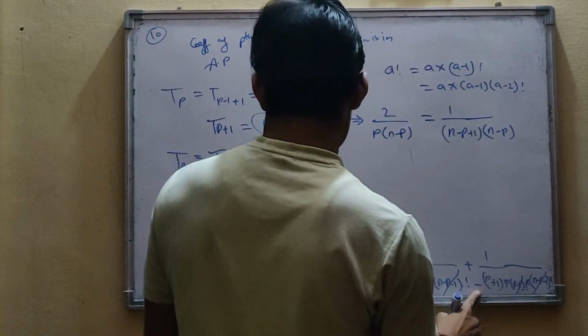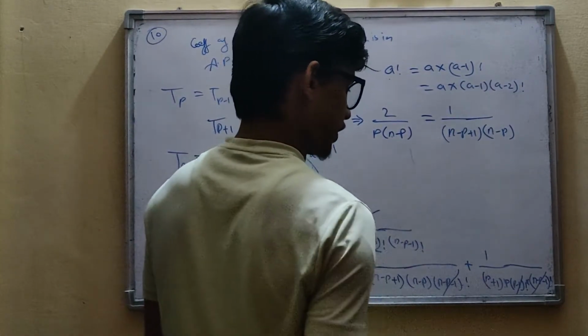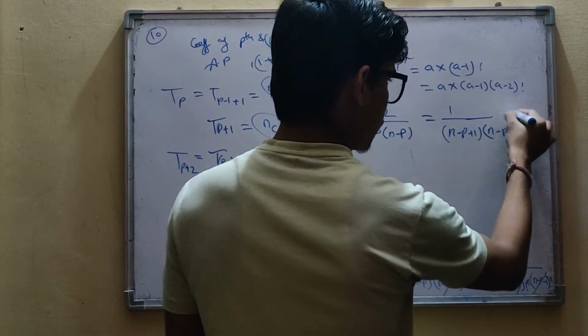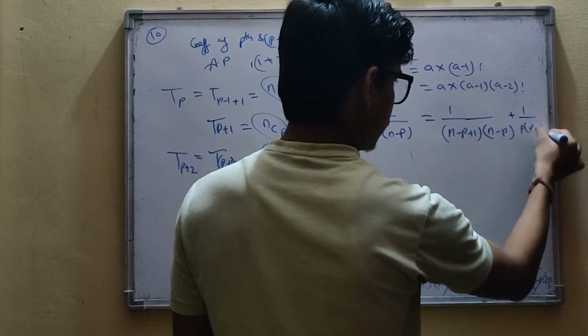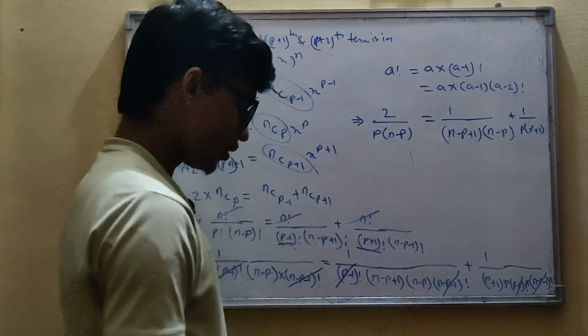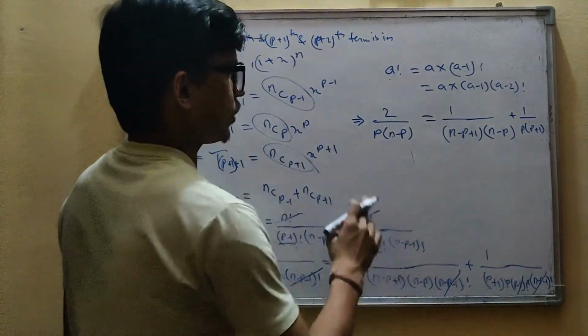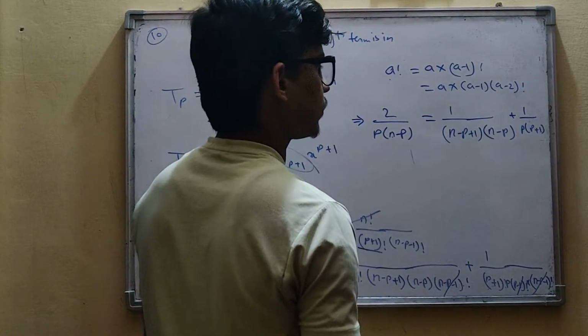Okay, so what about p plus 1 factorial? Here it is not shown now, and this side it becomes plus 1 upon p into p plus 1. So from now it is just a calculation part. So let's do this. How can I do this? 2 into n minus p.